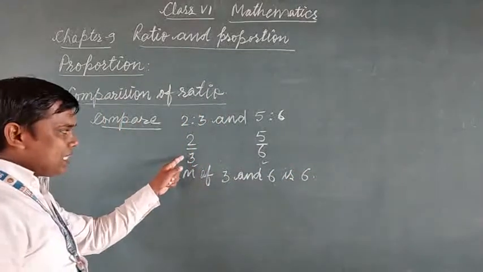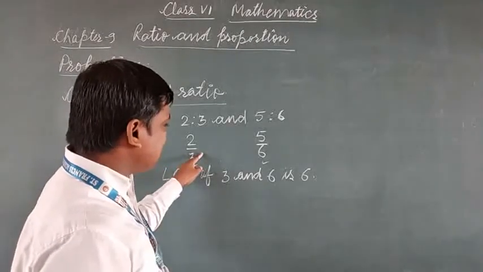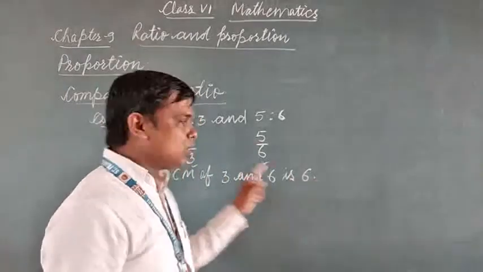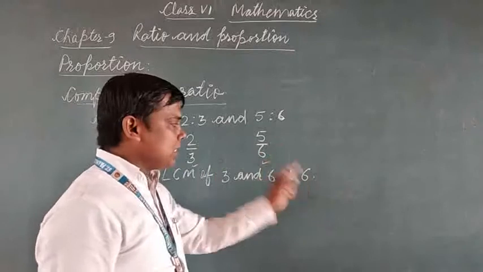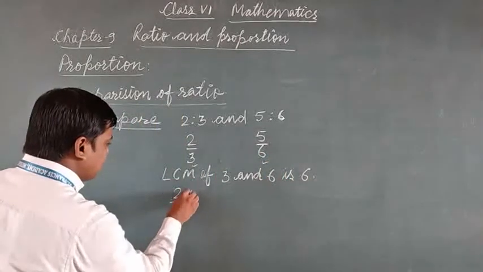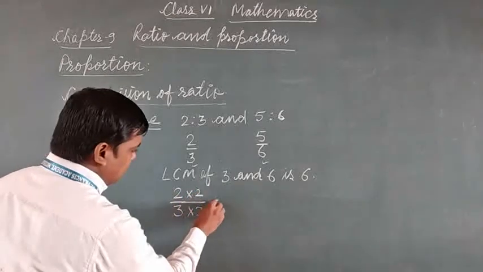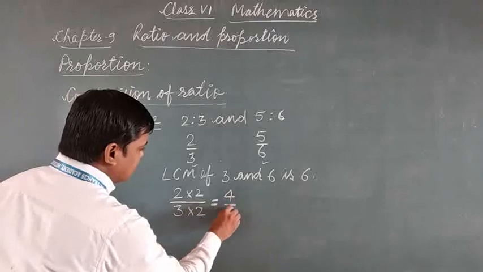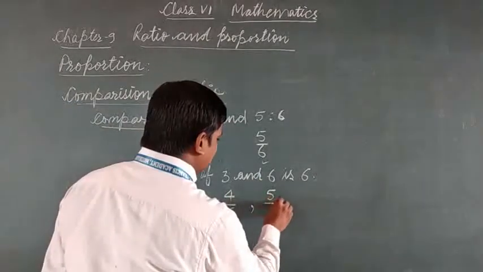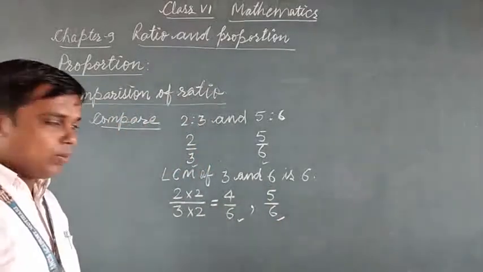Now to make the denominator 6, we need in this case to multiply the denominator by 2, because 3 twos are 6. So we will write this 2 by 3 into 2 by 2. So it will come 4 by 6. And here we have 5 by 6 already, so here the denominators are equal.